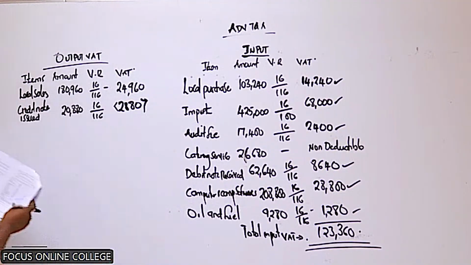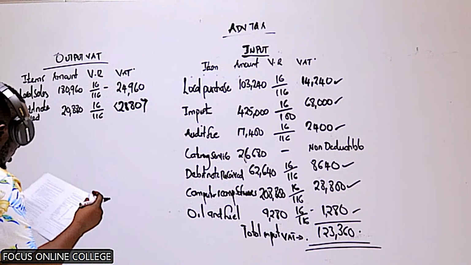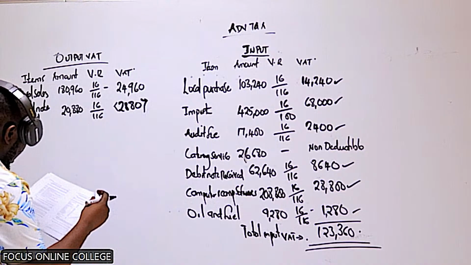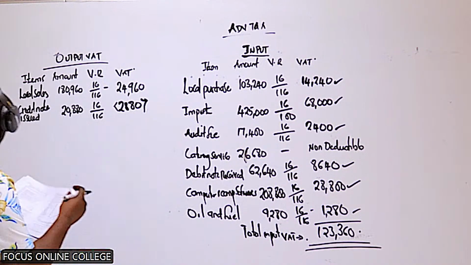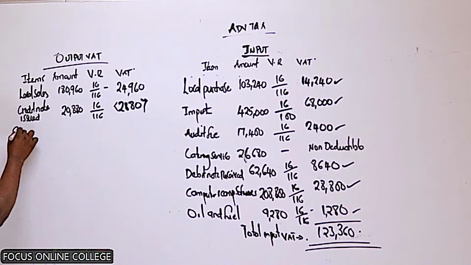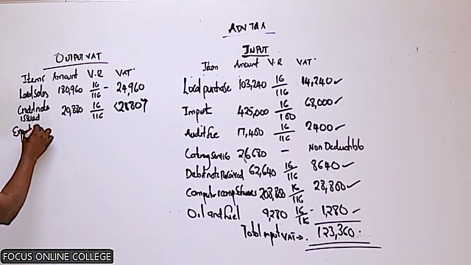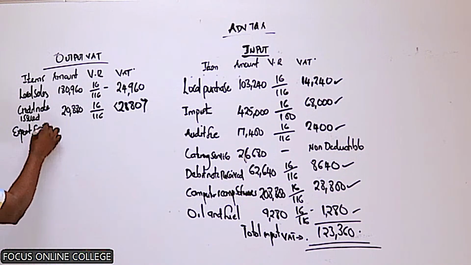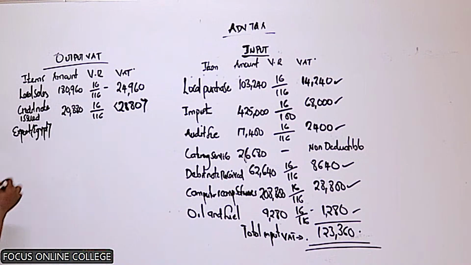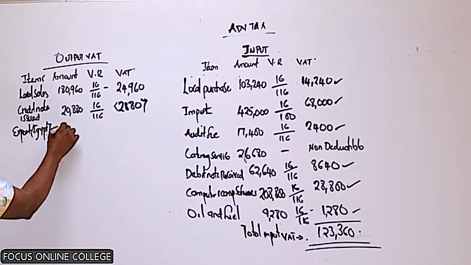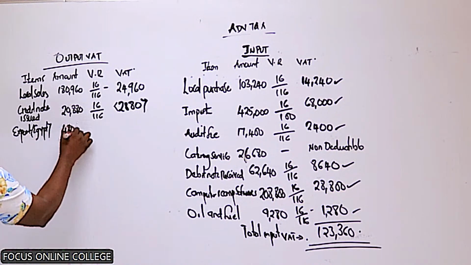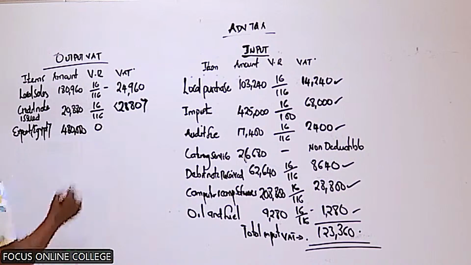Then you have the next. The next is export Egypt. That should be 480. So that is zero rated.